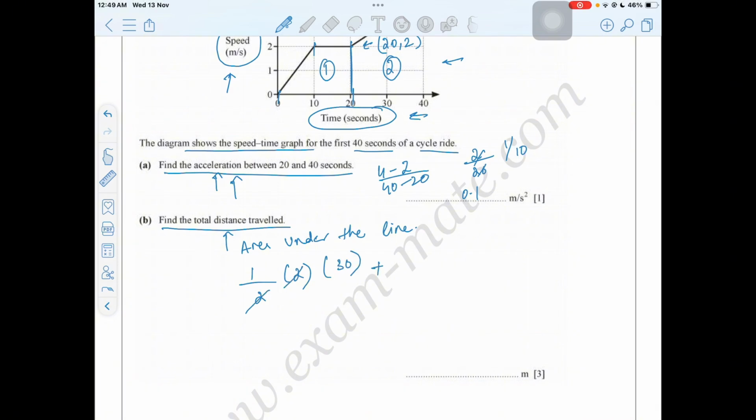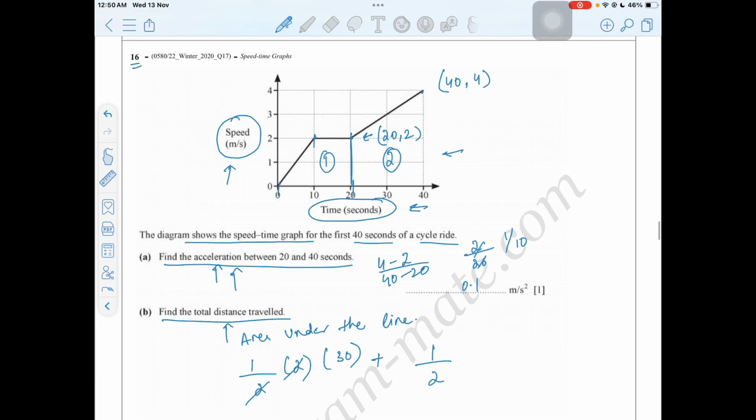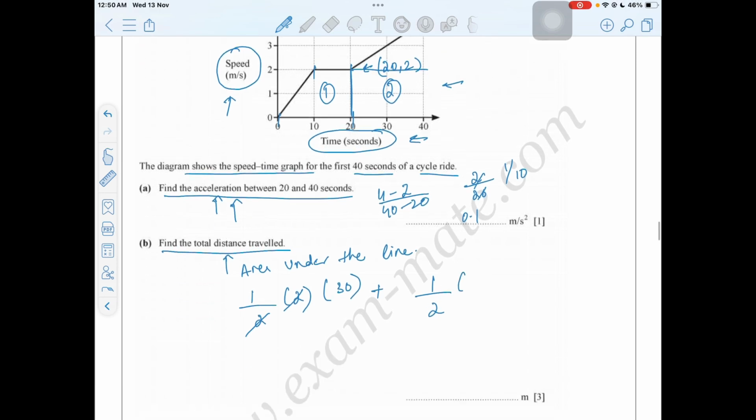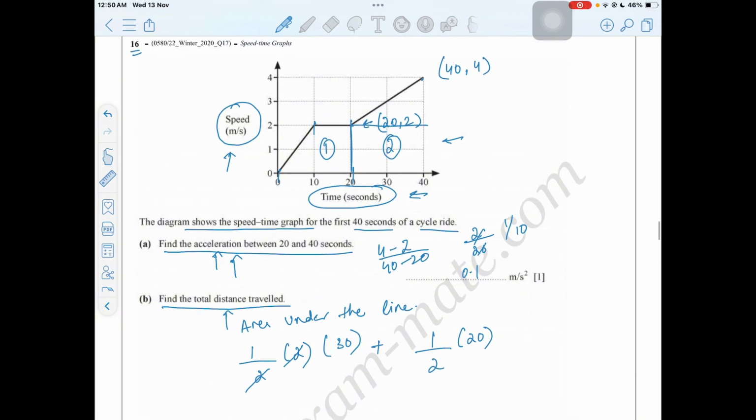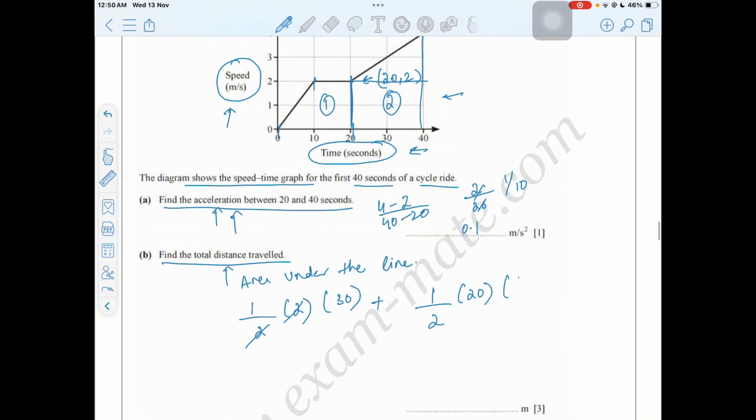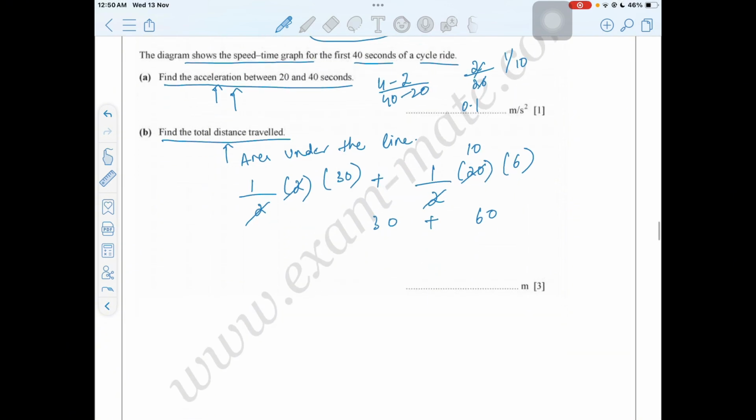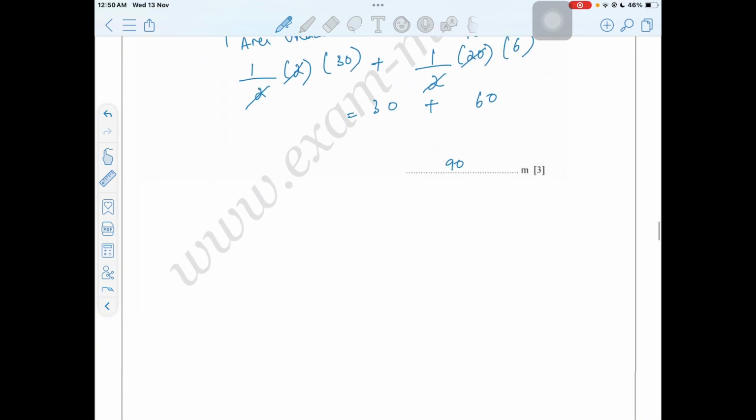This would be cancelled out. Then we'll be adding the area of the second trapezium, which has a height of 20, and the parallel sides are 2 and 4. This would be 6, right? So we have here 60. So altogether we have 90. Our answer is 90, right?